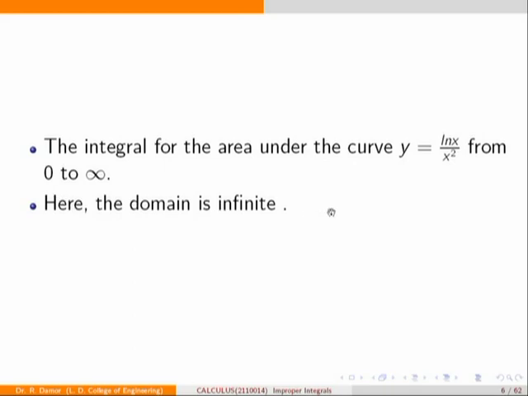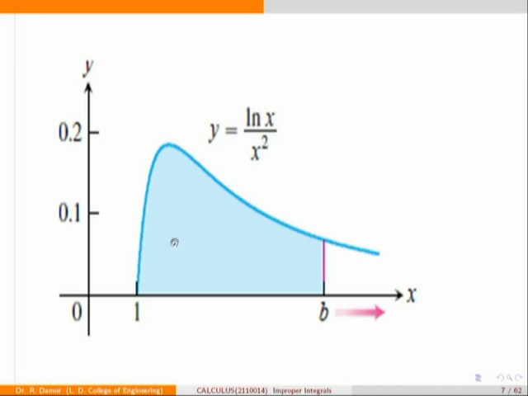Here the domain is infinite for this function. This is the graph of y equals ln x upon x squared. See, here the domain is 1 to b with b tending to infinity. So the domain is infinite but the range is fixed.